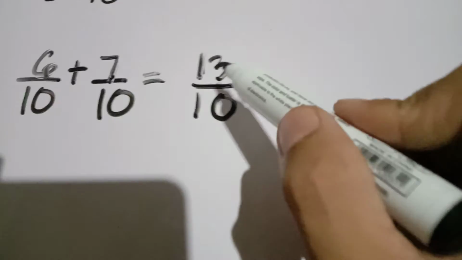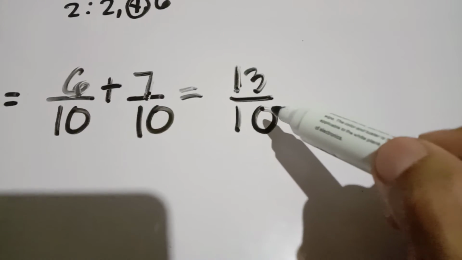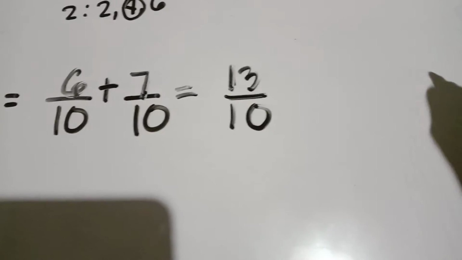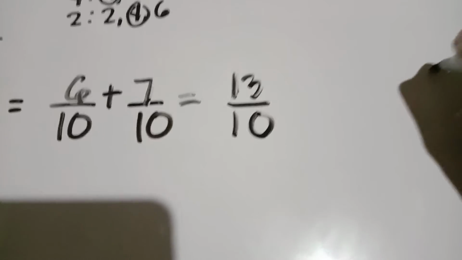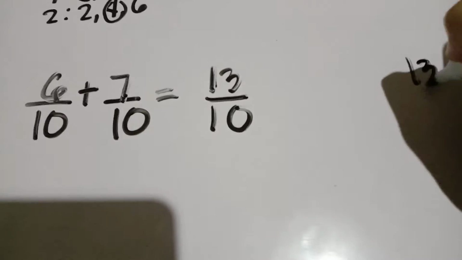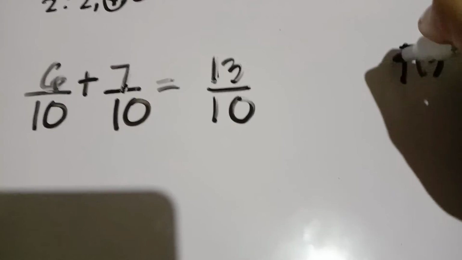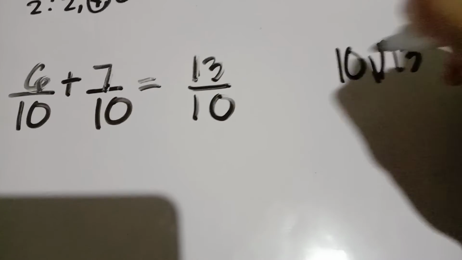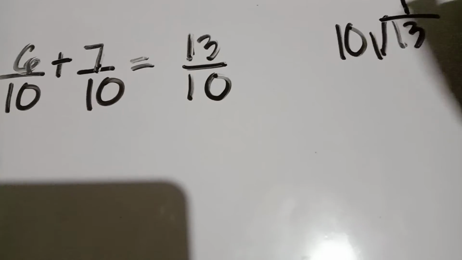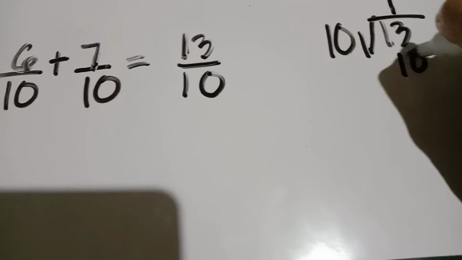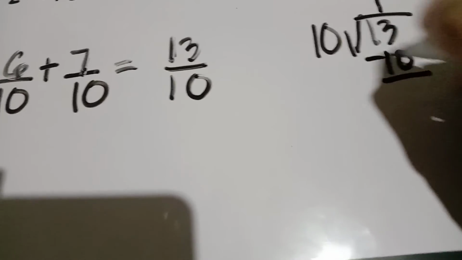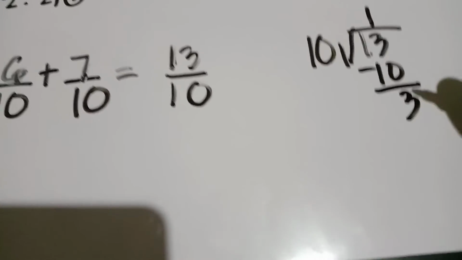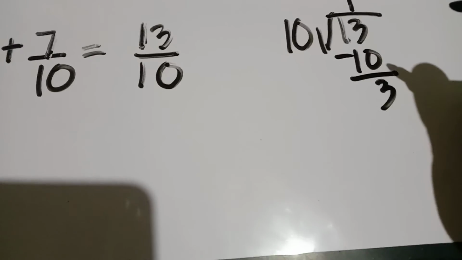We are going to change this fraction to mixed number by dividing the numerator, which is 13, by the denominator. So 13 divided by 10 is equal to 1. 1 times 10, that is equal to 10. Then 13 minus 10, okay, that is equal to 3.